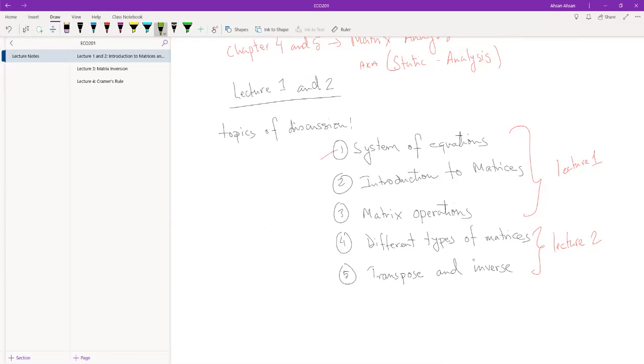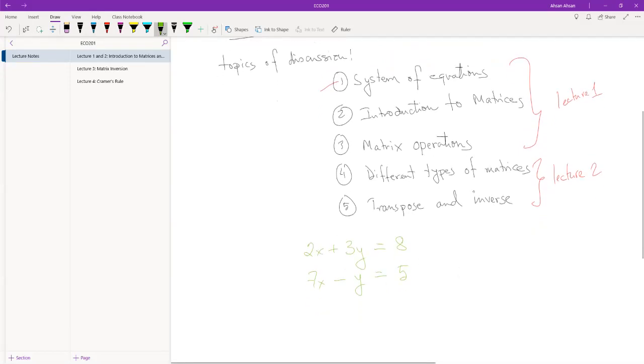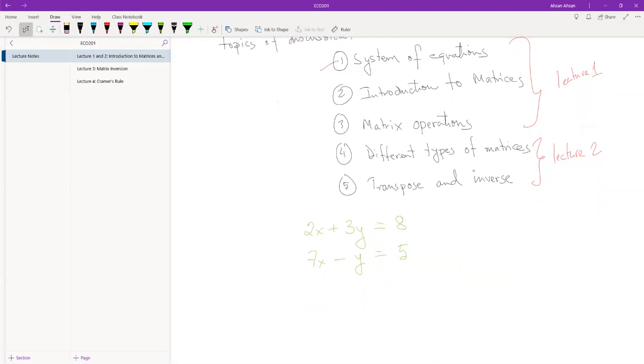Let's start with a system of equations. Let me first write this down. 2x plus 3y equals, let's say, 8, and 7x minus y equals 5. So suppose I write down this system of equations, and I ask you to give me the value of x and the value of y.